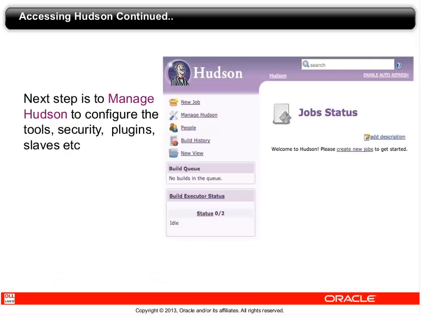So anyway, once you are done with that, you go to the website, say localhost/hudson, and you will see Hudson popping up there. If you are installing Hudson for the first time, the very first thing you want to do is configure the security, and then configure the tools, plugins, slaves, etc. Initially, the very first thing we would highly advise is to set up the security.